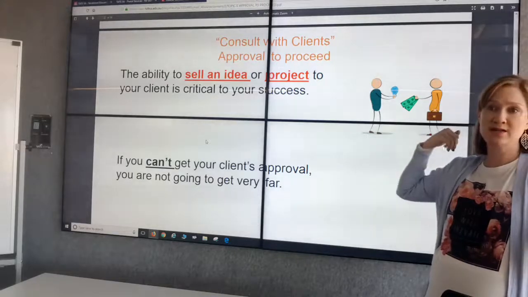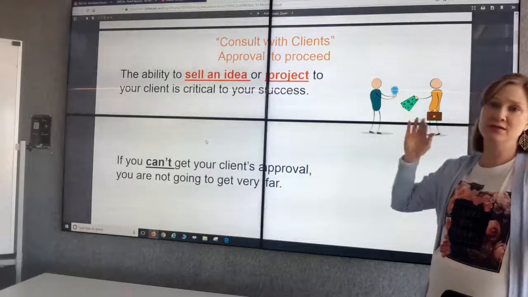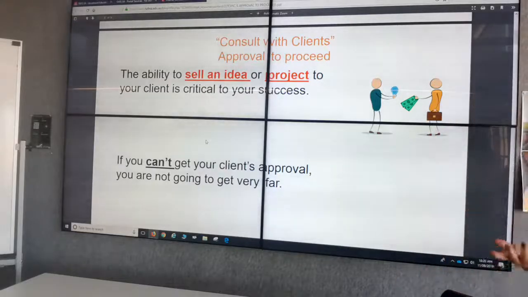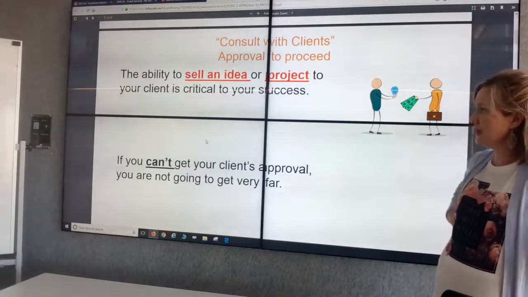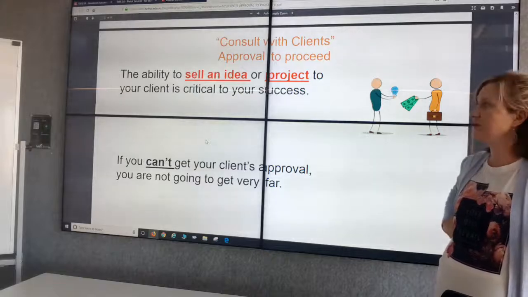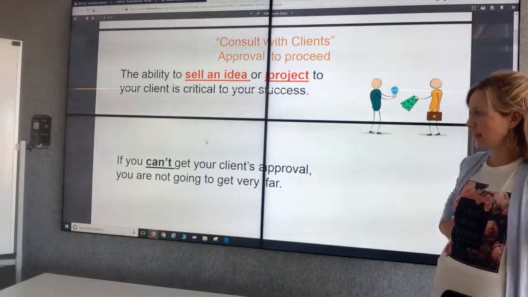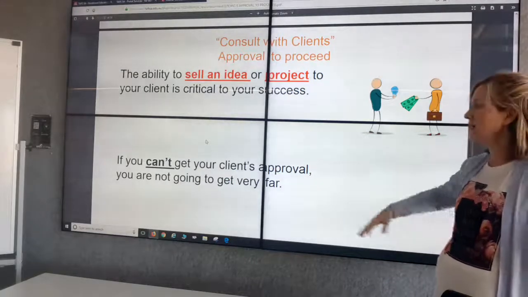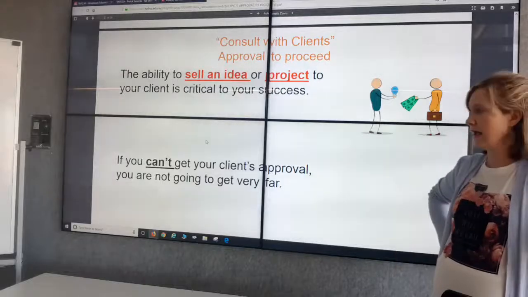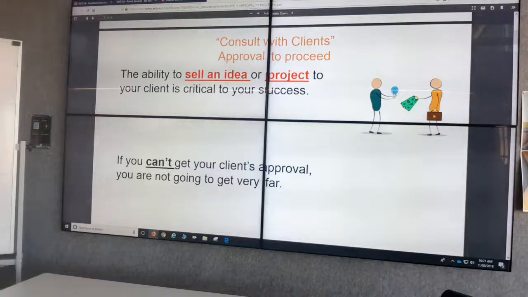If you are someone entering the industry, you can also use your projects that you've done here at TAFE, because ultimately that is seen as a project. In that sense, you can win them over with regards to selling your idea. Now, there is the possibility that you can't get your client's approval. What do we do in that case?